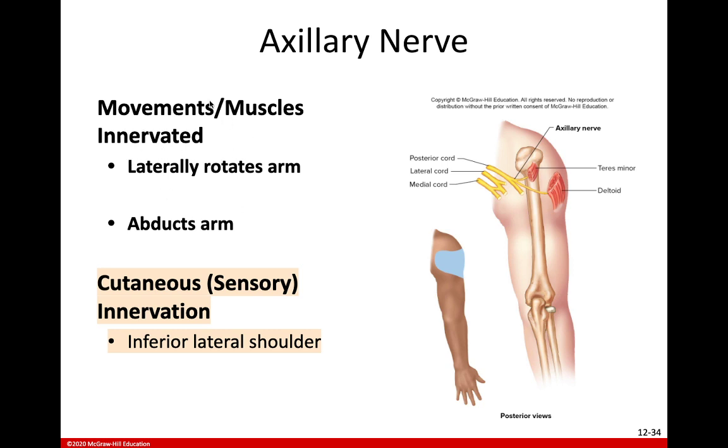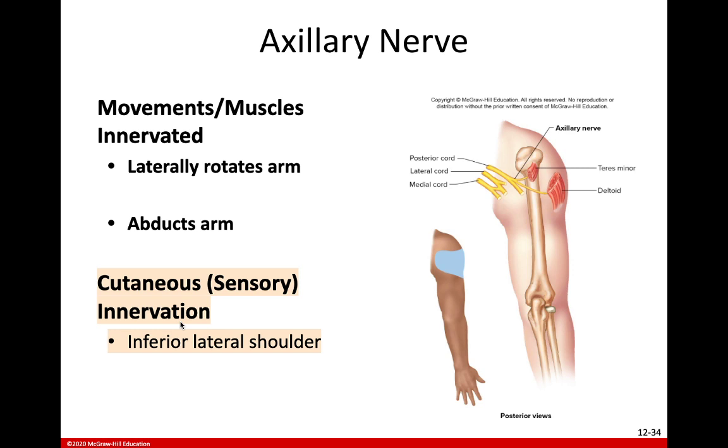What they're giving here is not the muscle that it's innervating, but the action that it's causing when it sends those action potentials. It would be different muscles doing this, so I guess that's why they don't list all the muscles. They just list the actions of the muscles in that area that are being caused by this nerve. But what we're going to mainly look at is the cutaneous innervation, which is the sensory innervation of the skin and tissues.